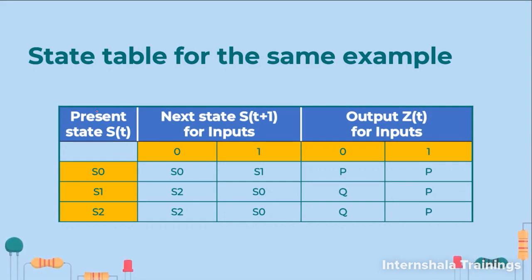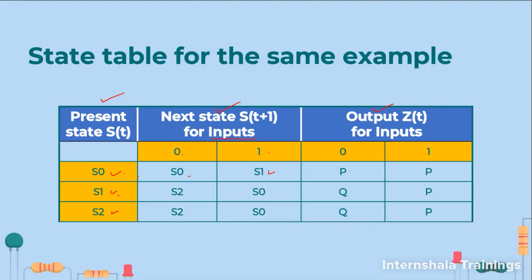So we have our present states, our inputs, and we are going to calculate the next state values and the output values. You can see that I have three values for present state: S0, S1 and S2. If the input is 0, S0 is transitioning to S0, and if the input is 1, S0 is transitioning to S1.